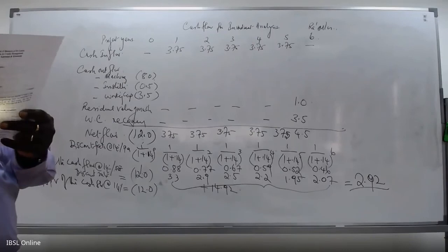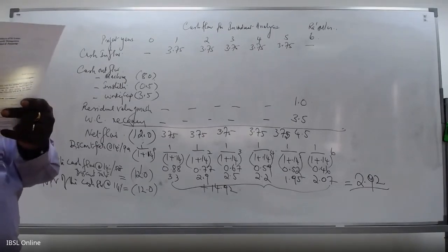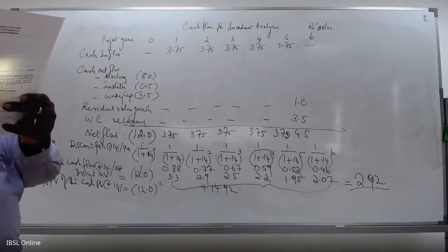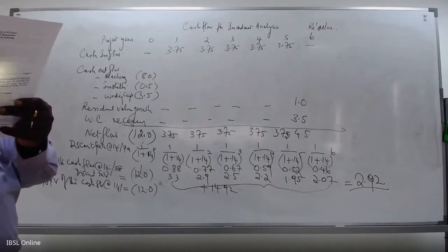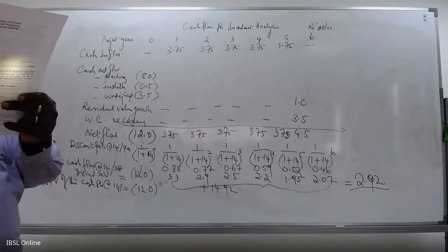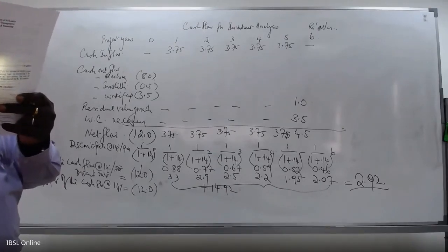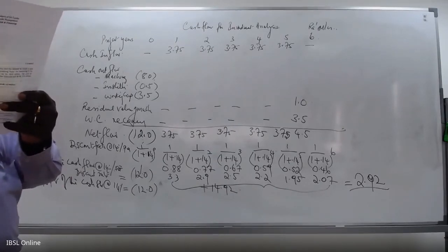First, time value of money, present value, and future value. Second, discounting rate, discounting factor, and discounted cash flow.